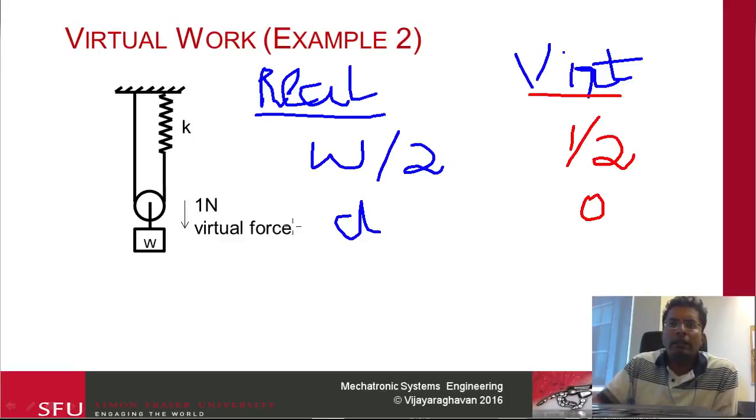So when we do that, this point here moves down by a particular distance, and the spring here is also going to expand by a particular distance, right?